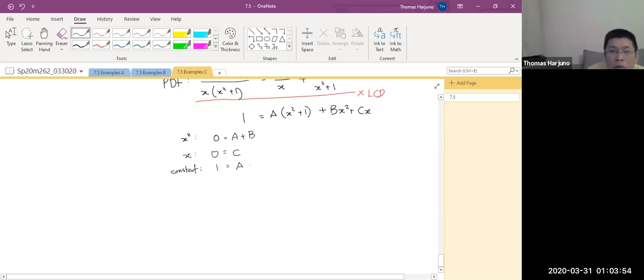Okay, so a equals 1, therefore b is negative 1.